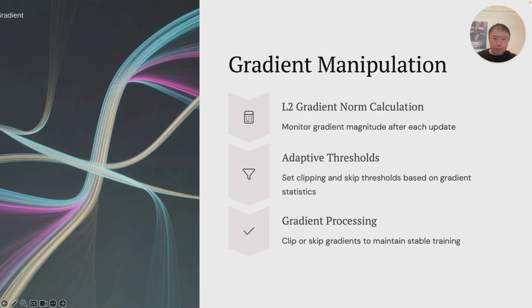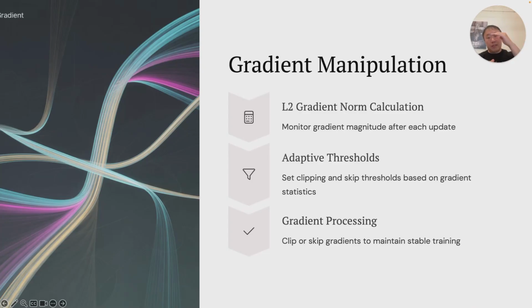And what it does is, if it's below the clipping threshold, you just apply the gradient update as it is. If it's above the clipping threshold but below the skipping threshold, we will do some kind of scaling so that we regularize that large update.